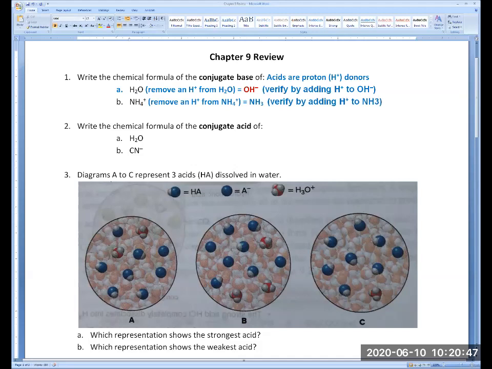If you add H plus to NH3, you will get 4 hydrogens, so the 3 becomes a 4, and the H plus comes with a positive charge that is not cancelled, so it becomes NH4 plus. So that would be the conjugate base of NH4 plus. This is very big. Oh. Okay.